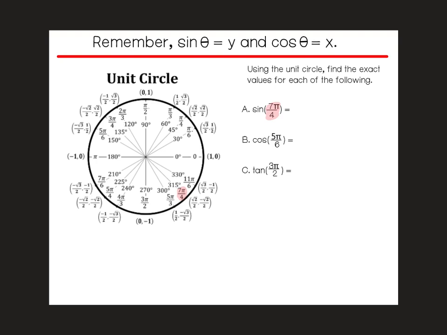It also goes with 315 degrees and then this ordered pair. Those all go together. If you think back to that little table, sine was y, which I also put up here for you. What that is telling me is I want to look at the y value here, and that's the answer.